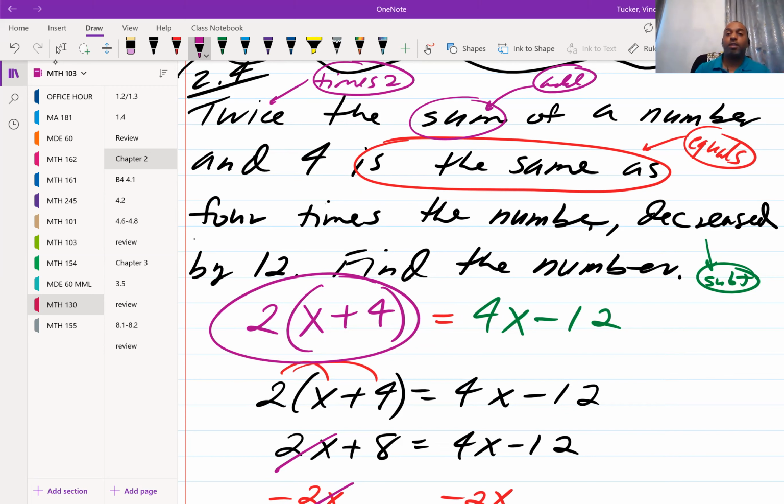We're twicing the sum of a number and 4. So you add the number and 4 together, which is x plus 4, and then twice that. So you put parentheses around it. If it said twice a number, then it would have been 2x, but it says twice the sum of a number and 4. So that's why you had to put parentheses around x plus 4, because that's the sum of the number and 4, and then multiply that times 2.